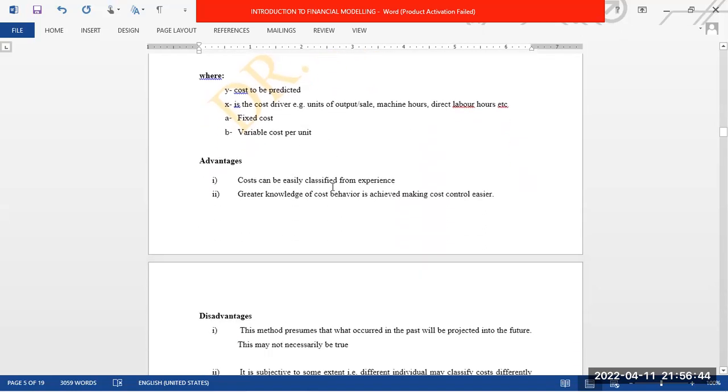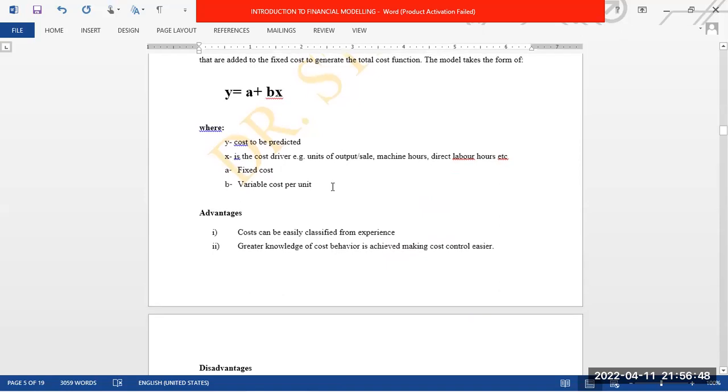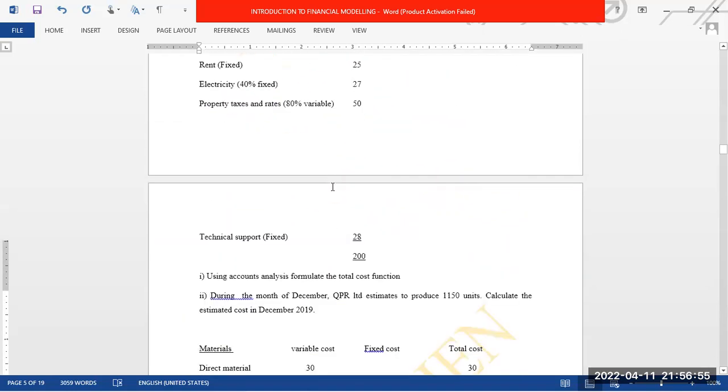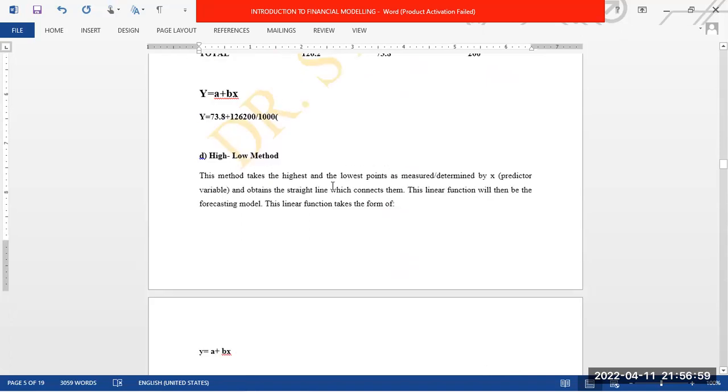So most of the time x is always the cost per unit of sales. So our cost equation should be this.